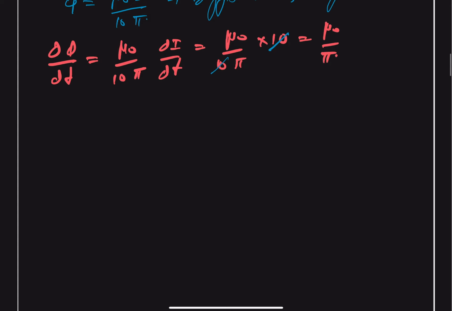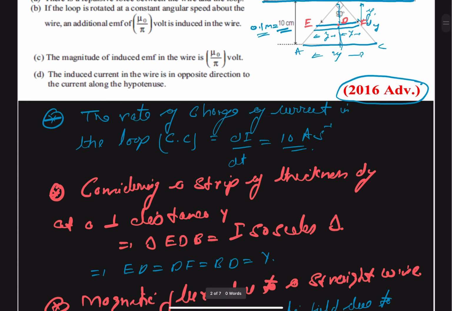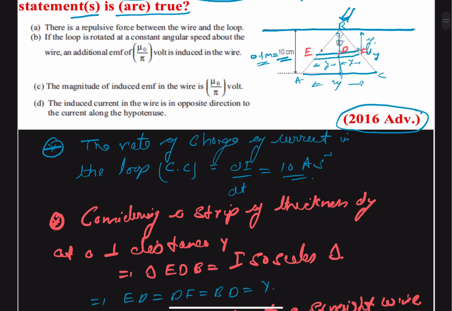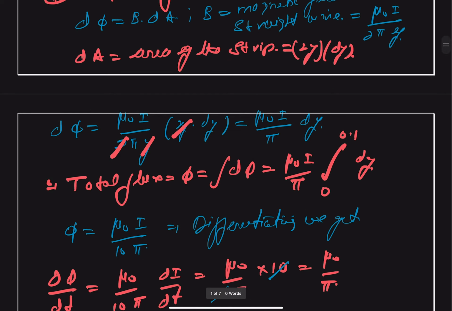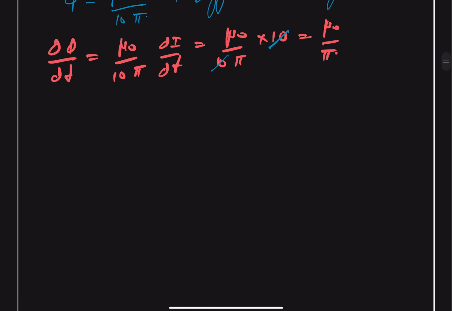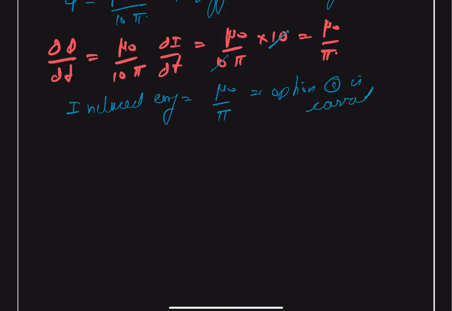Therefore, the induced EMF in the loop is mu naught upon pi. So option C is the correct option.